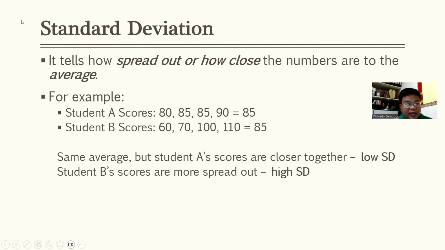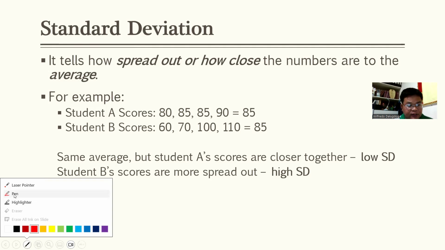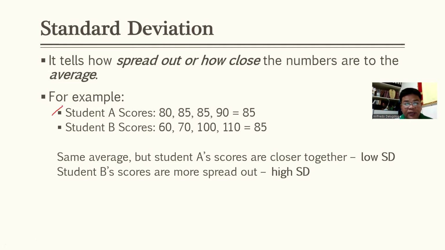As you can see with the example here, student A scores 80, 85, 85, 90. So actually this one has a low standard deviation since 80, 85, 90 halos ano yan eh.